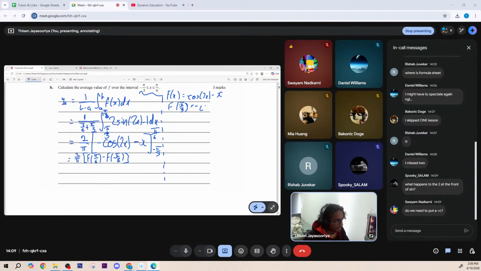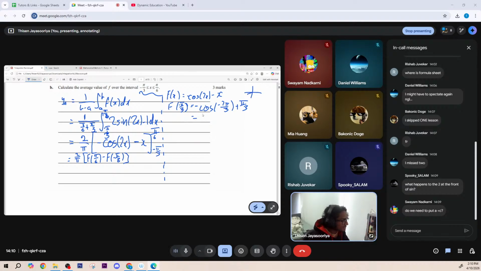So from here we get cos of negative 2 pi over 3 plus pi over 3. This can be simplified into cos 2 pi over 3.